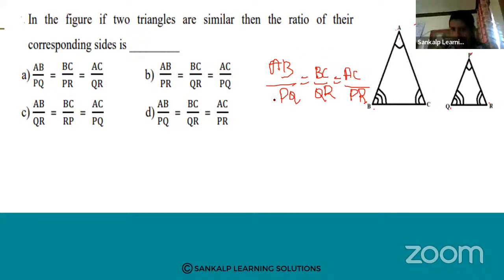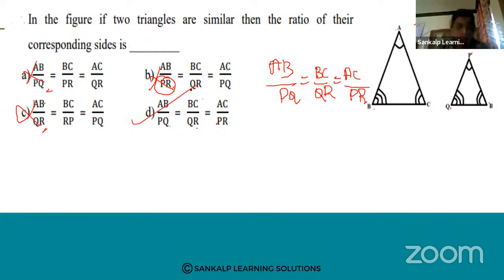Here one option has PR but we want PQ, so that is wrong. Another, AB divided by QR, is also wrong. AB divided by PQ, BC divided by QR, AC divided by PR. So this option is right.